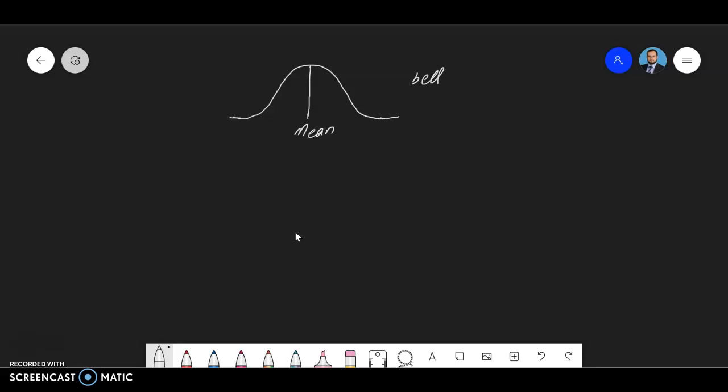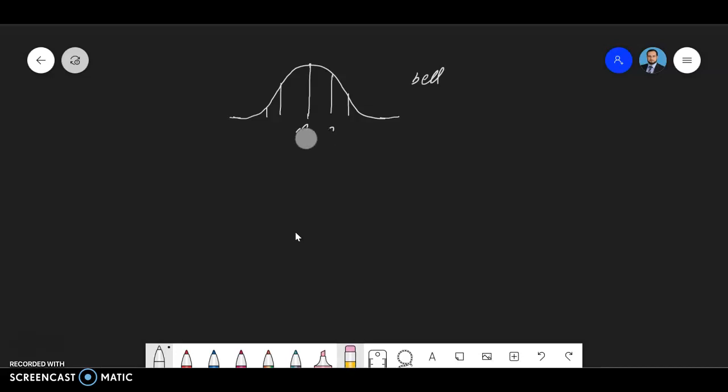And here it has only a single peak, so the maximum value is at one point, which is at the mean. Approximately 95% of the data fall within 2 standard deviations of the mean, and then 99% of the data will lie approximately within 3 standard deviations of the mean.